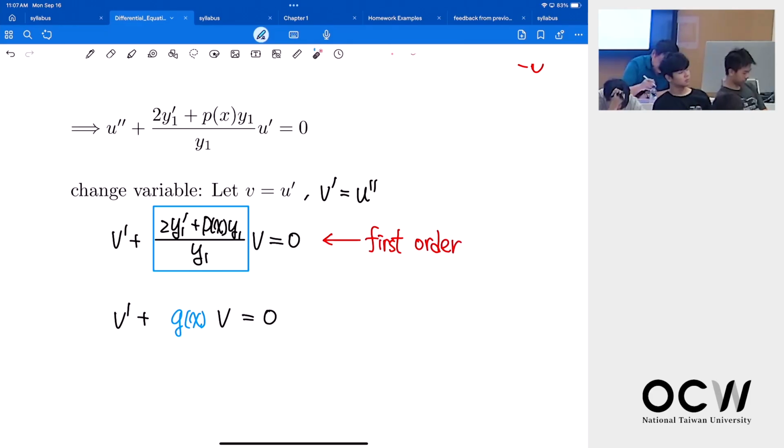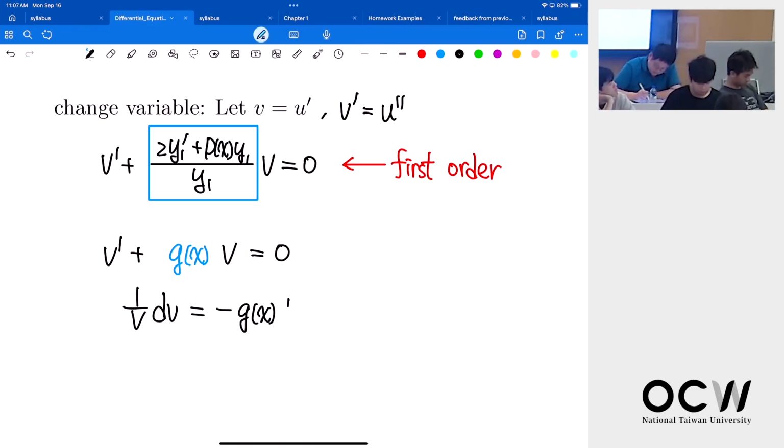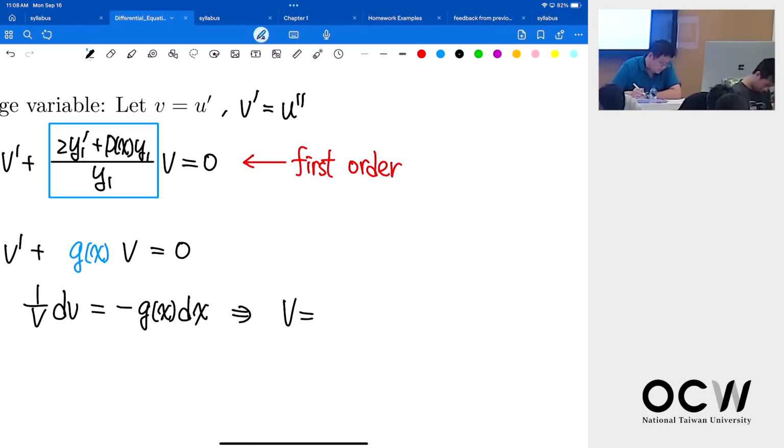So you can see, let's put everything related to v on the left hand side and the others on the right hand side. So we have v equals exponential of minus the integral of g of x dx.